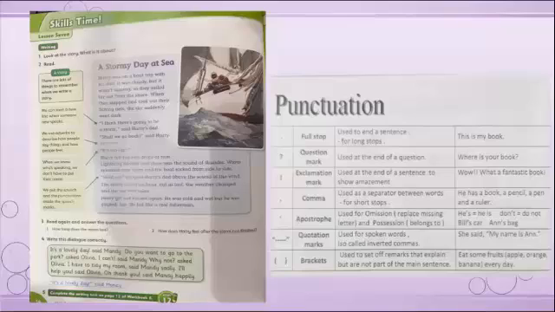Adverb is to describe the verb. For example, write quickly, or he writes quickly. I'm describing the verb write by being quickly. So what is quickly here? The writing. His writing is quickly.